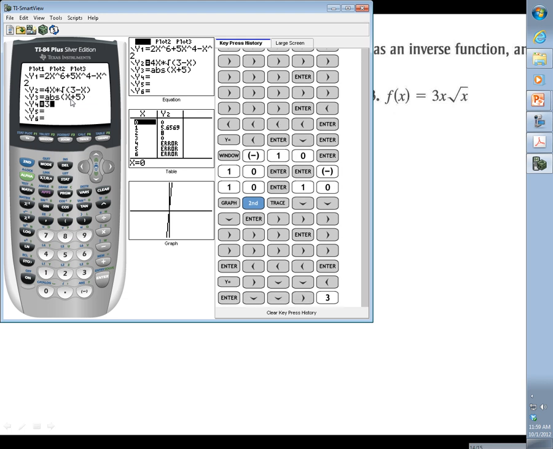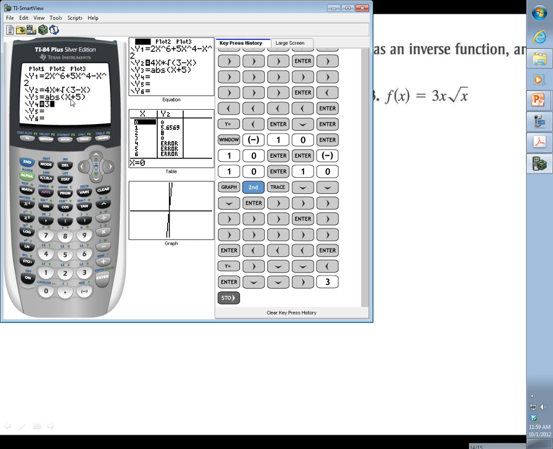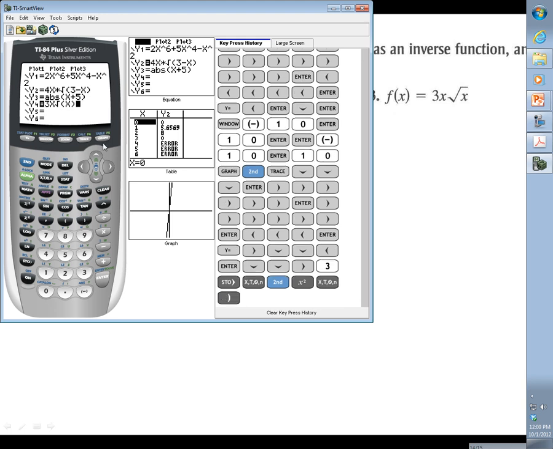So the equation was 3x square root of x. Looks like it takes off going up, and so that does pass the horizontal line test wherever we look on this one.